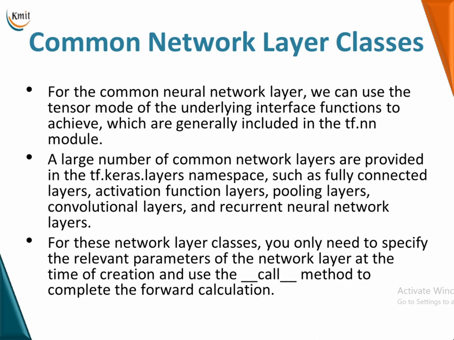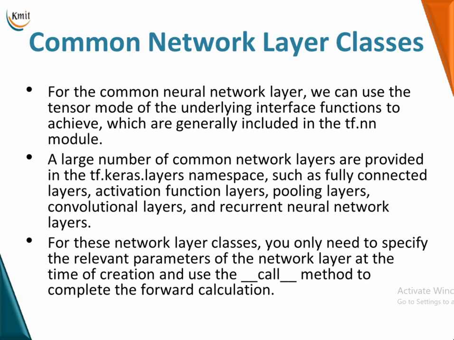When I talk about common network layer classes, for the common neural network layer we can use the tensor mode of the underlying interface function, which is generally the tf.nn module. There are a large number of common network layers provided in tf.keras.layers, such as a fully connected layer, an activation function layer, a pooling layer, and a convolution layer, all of which you will see in CNN.